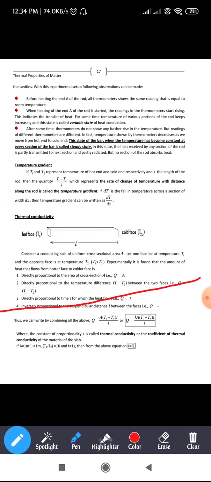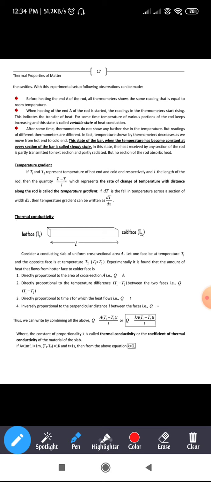So all these three points: Q is directly proportional to the area of cross section, Q is directly proportional to the temperature difference between the two faces of the conducting slab, and directly proportional to the time. Next, let us see that the amount of heat you are supplying will be inversely proportional to the distance.